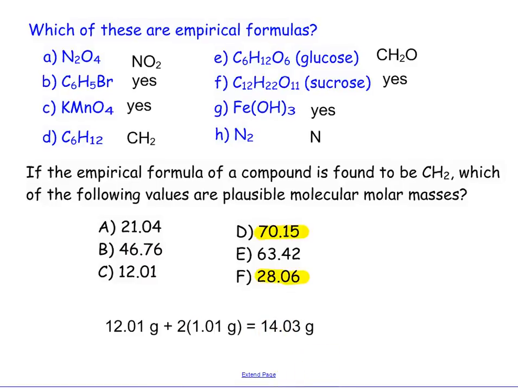So you can see that I've highlighted both the answers that are plausible molecular masses if the empirical formula is CH2. That will help us figure out what the molecular formula is for a variety of molecules.